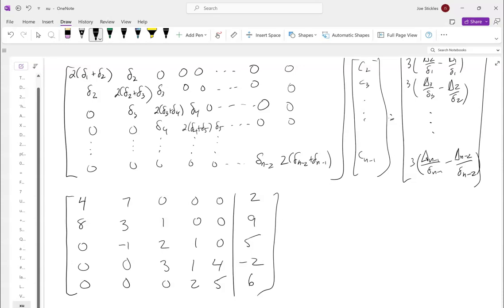Because this is just telling me the last variable would have to equal whatever number is here, right? Well, to get rid of this one, I need to use something up here, but notice I already have a constant here. So I need to go all the way back up to here, make this a 0. When I make this a 0, I can work off of here to make this a 0, work off of here to make this a 0, work off of here to make this a 0.